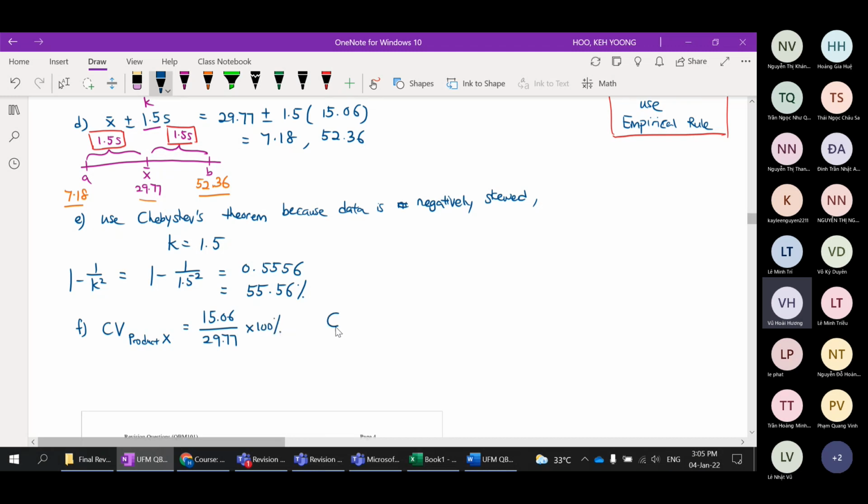Calculate the coefficient of variation for product Y as well, based on the information given. The standard deviation is 2.38, and the mean is 27.25.